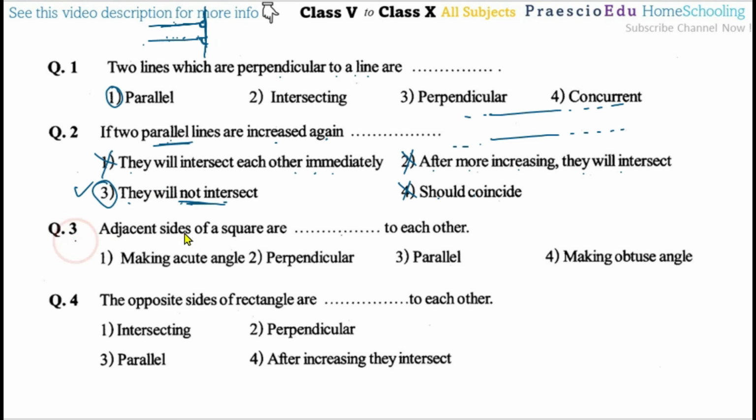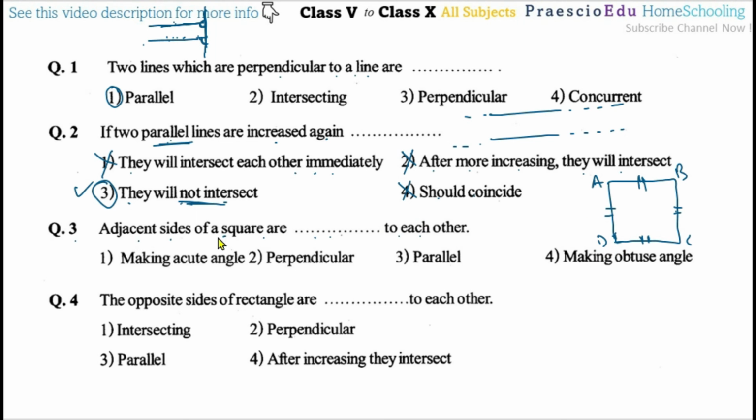Now, question number 3: adjacent sides of a square are dash dash to each other. Here is the diagram of the square. These are the equal length symbols, meaning every side is equal in length, and this is A, B, C and D. So this is a square.